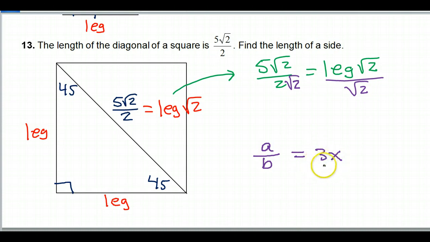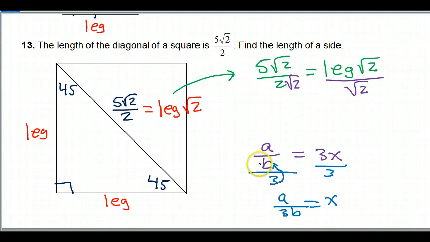If I wanted to get x by itself, I'd have to divide by 3. So I'm dividing by 3 on both sides, okay? But dividing this by 3 is the same thing as putting 3 in the denominator. So this would give me x equals a over 3b. So if you divide a fraction by something, all you really have to do is put it in the denominator.